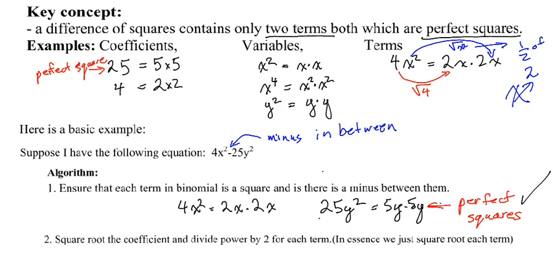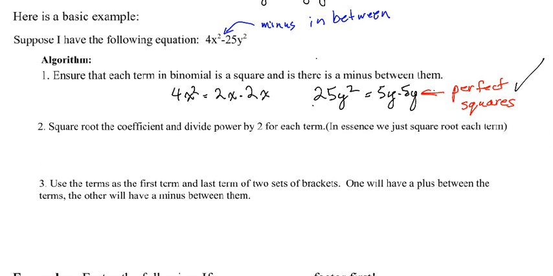So we're going to apply the rest of my algorithm. Now what we're going to do is square root both the 4x squared and the 25y squared. So if you do that, you should have something looking like this. Our 4x squared becomes 2x.